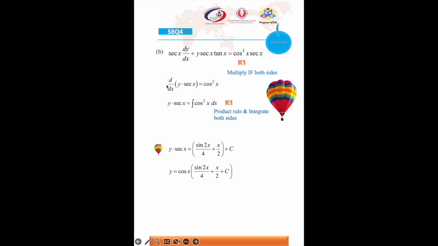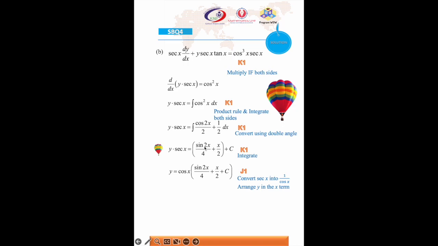You're going to integrate d/dx of y secant x, and integrate cos squared x dx. And you need to integrate cos squared x. You have to use double angle to change this squared to (cos 2x plus 1) over 2.